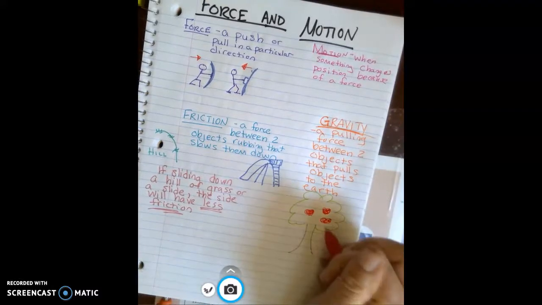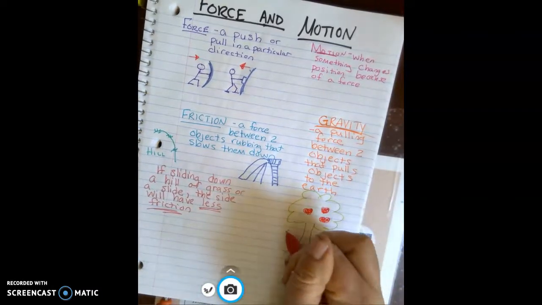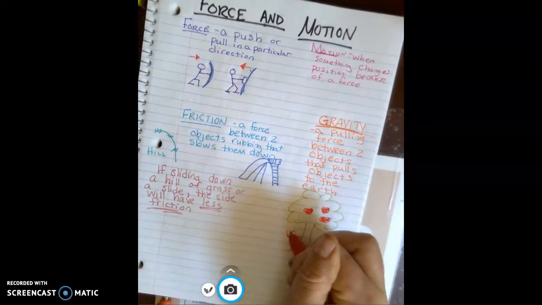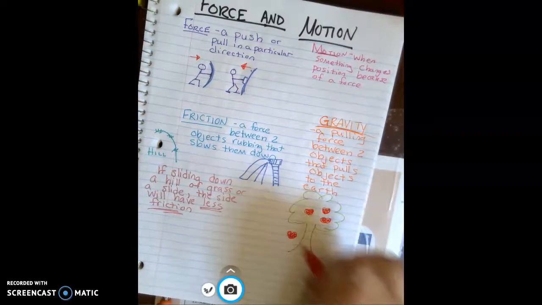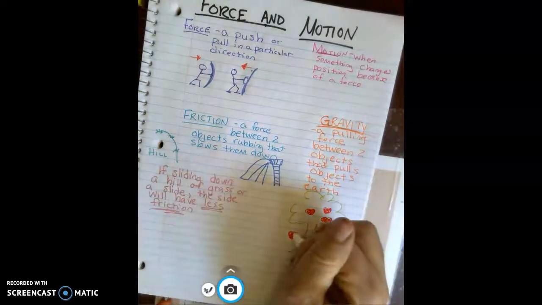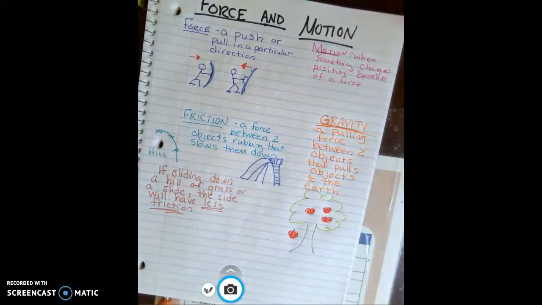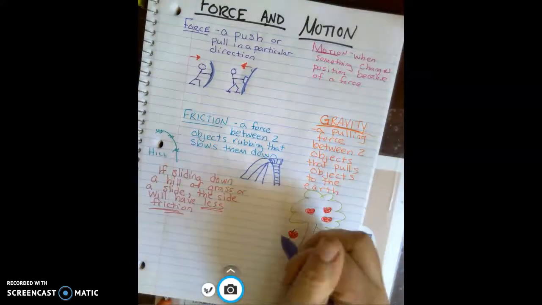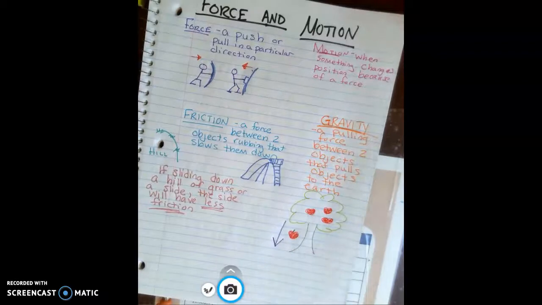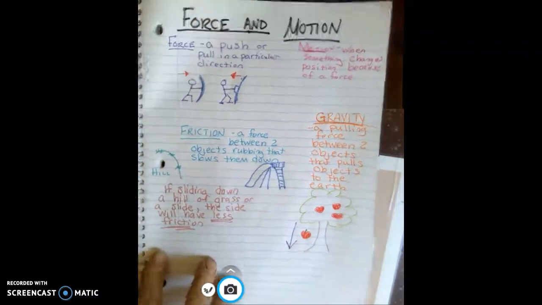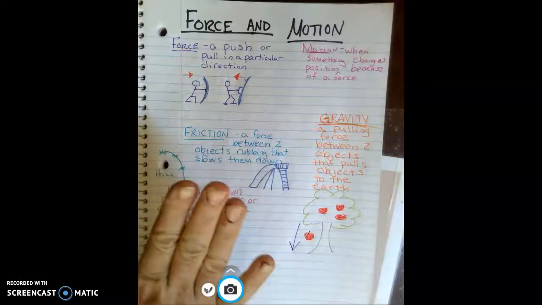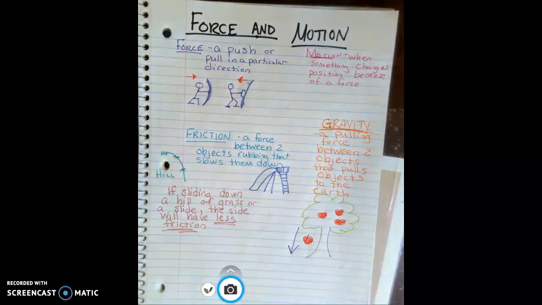And one of those apples falls off the tree. It's not going to fall up into space. It is going to fall down to the ground, right? That is gravity. And we're going to be talking more about friction and gravity as we move on.